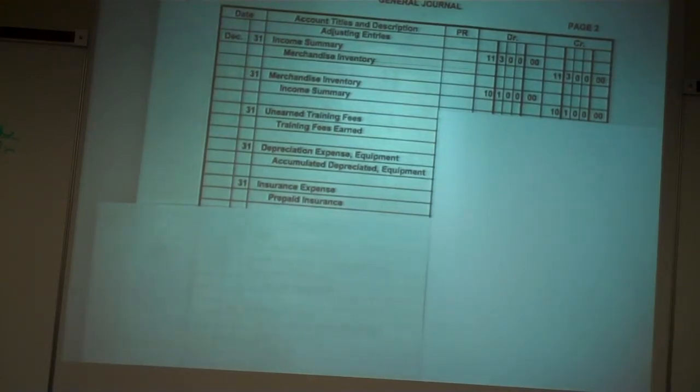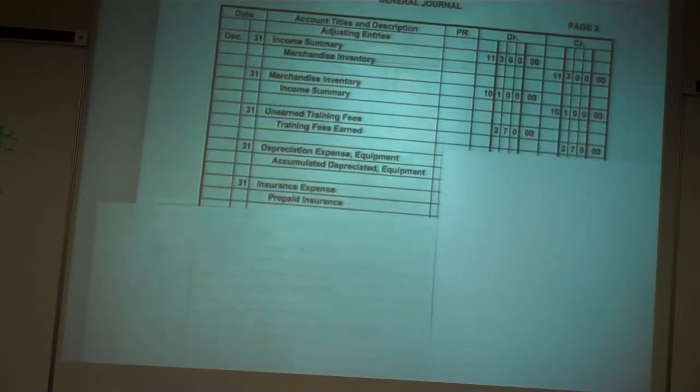I'm going back to the worksheet to look at the C, and we had a debit to unearned training fees and a credit to training fees earned. The amount was $270. All I'm doing is copying it from the worksheet. The debit is unearned training fees, and the credit is training fees earned.